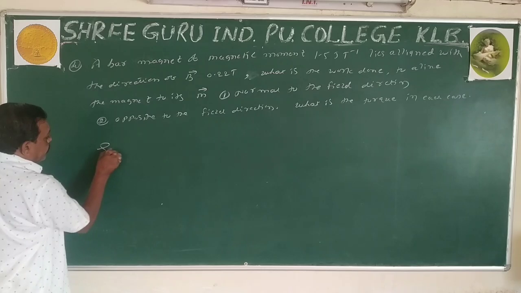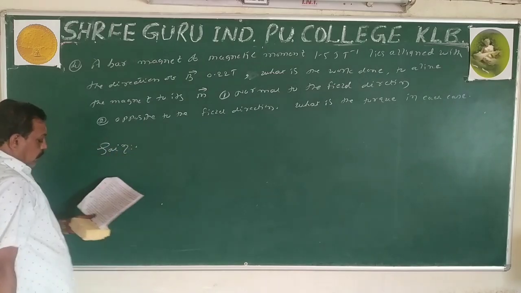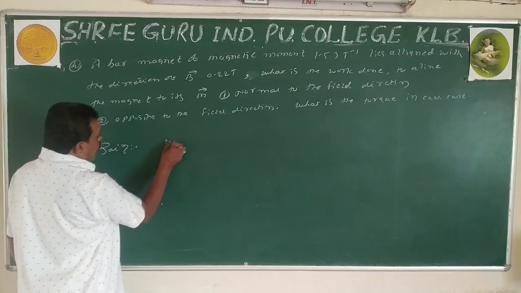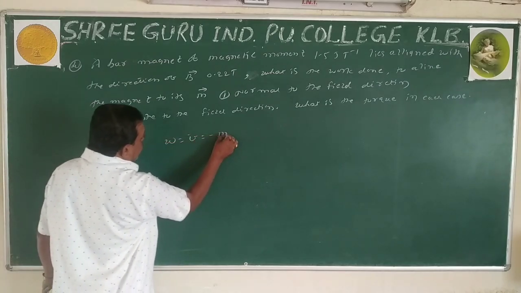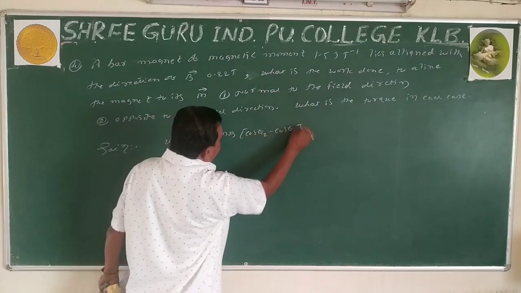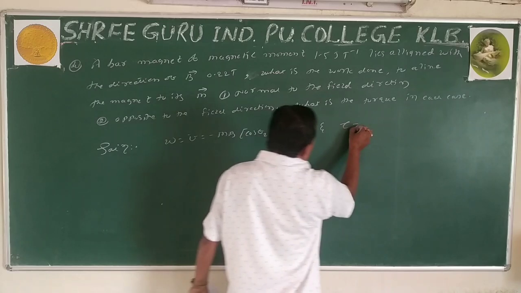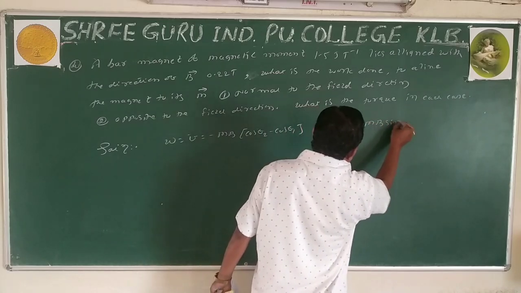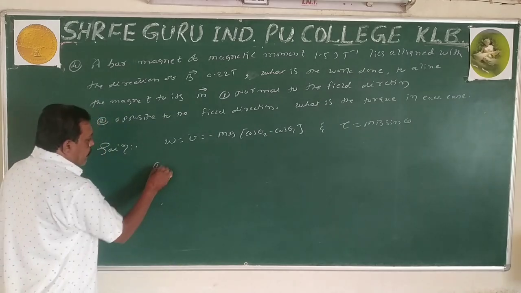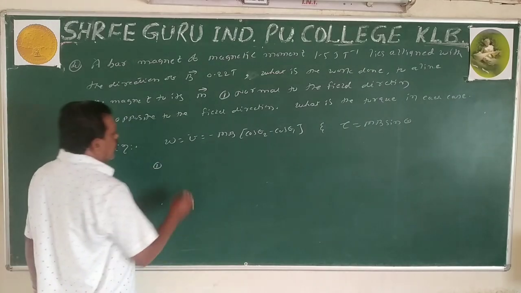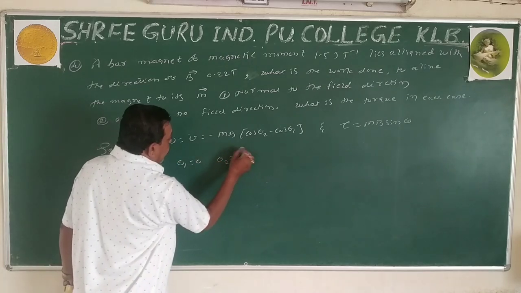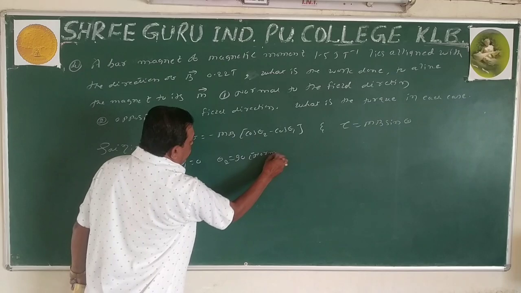Solution. Our aim is to calculate the work done and torque. Work done is the change in potential energy, minus mB (cos theta 2 minus cos theta 1), and torque tau equals mB sin theta. First, number 1: theta 1 equals 0, theta 2 equals 90 degrees, the normal case.